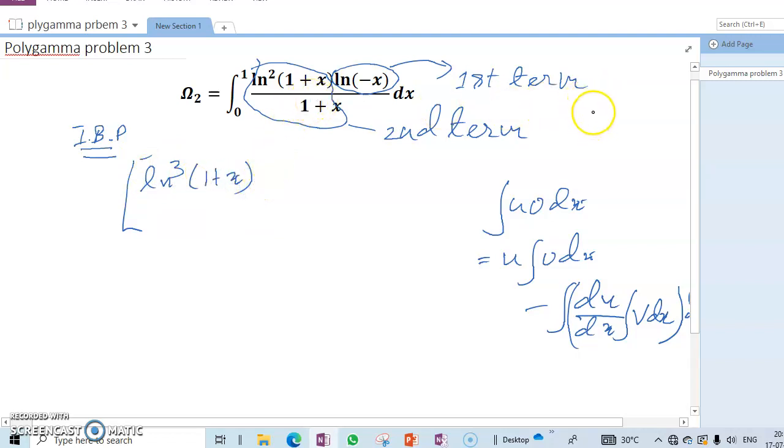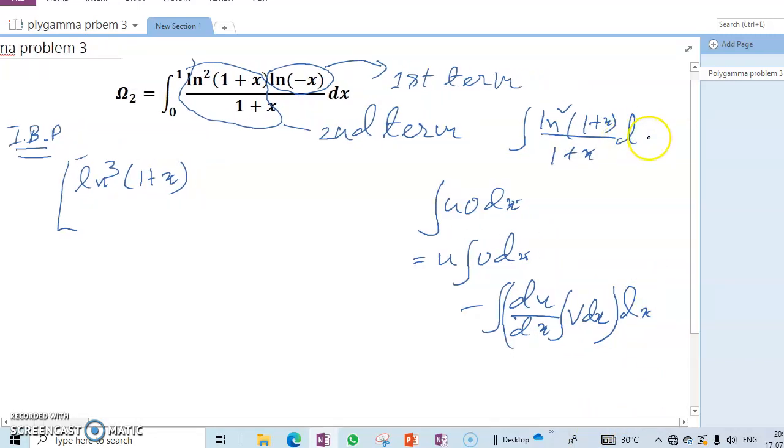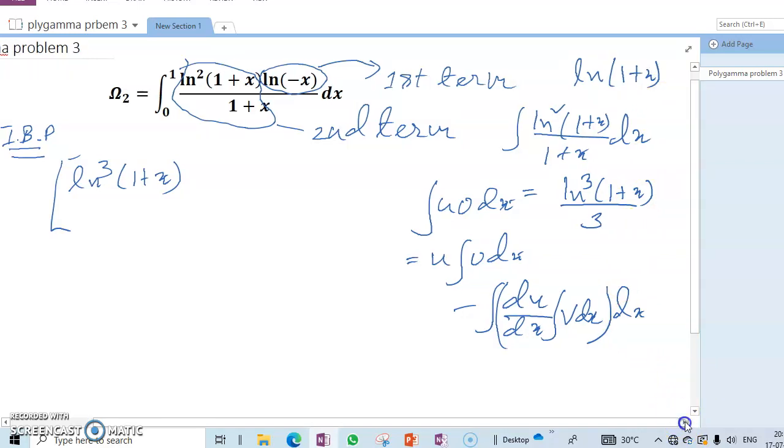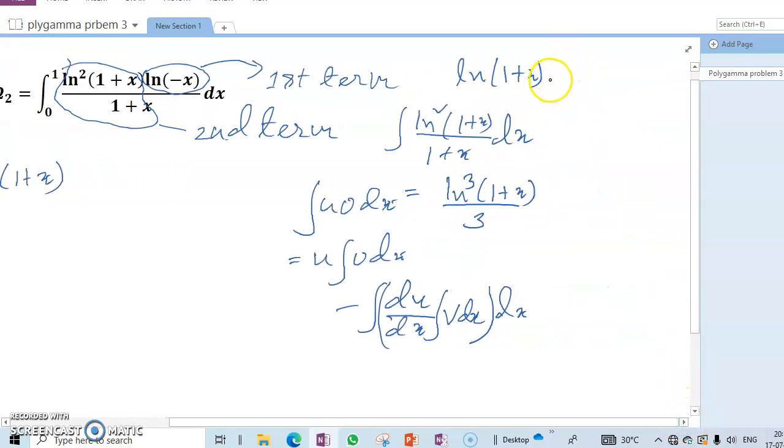Okay, because the integration of ln square(1 plus x) divided by (1 plus x) dx is equal to ln cube(1 plus x) divided by 3, because as ln(1 plus x) equals z, so dx divided by (1 plus x) equals dz.